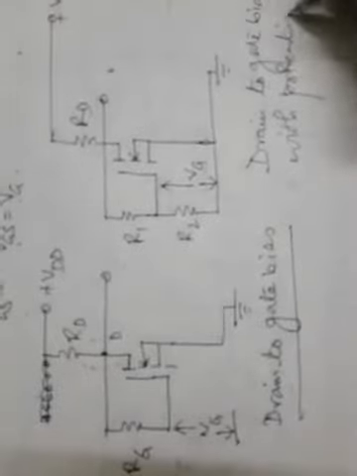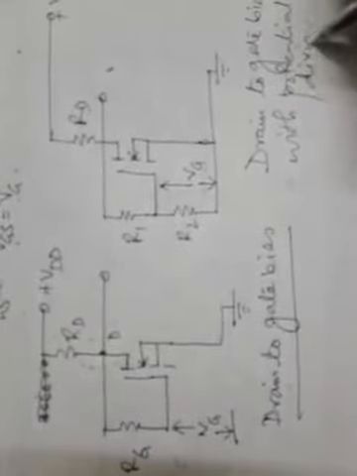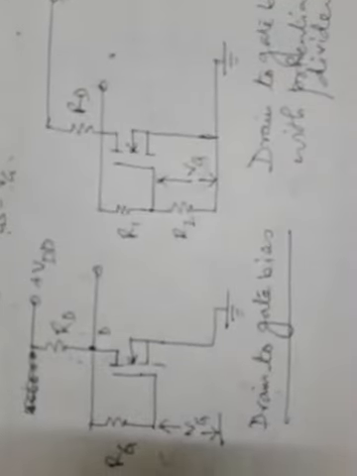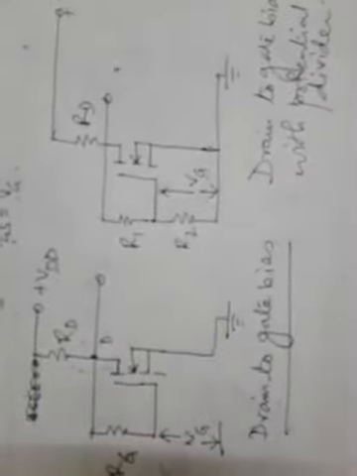with a potential divider. This is also a drain to gate bias, but instead of using a single resistor like this one, a potential divider circuit is used, and from VD, the voltage VG has been derived across this R2, which is the bias voltage between gate and source, because source is directly connected to ground.